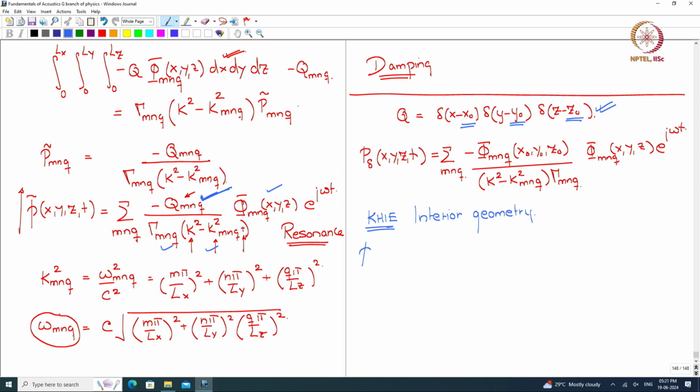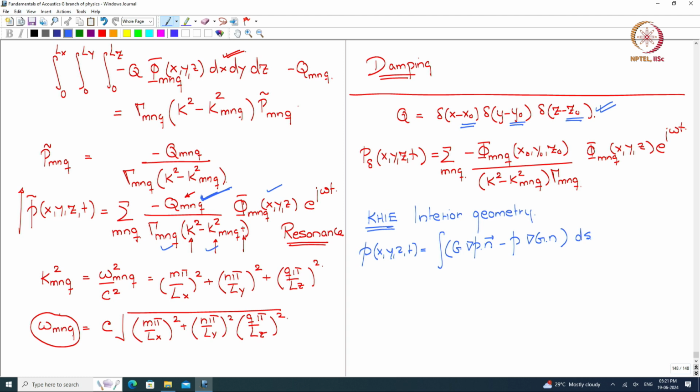The pressure at a certain point x, y, z is given by the integral of g del p dot n minus p del g dot n dS.